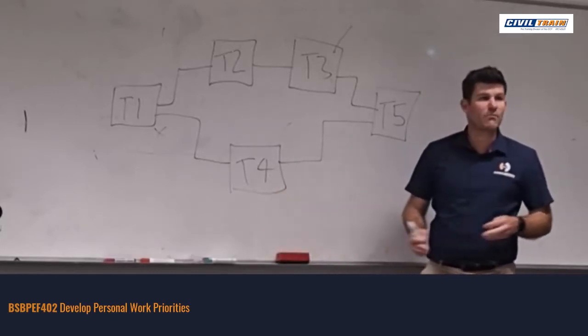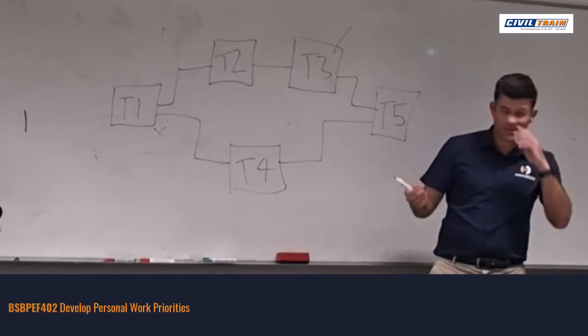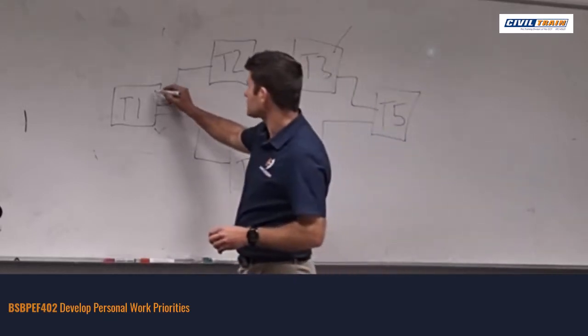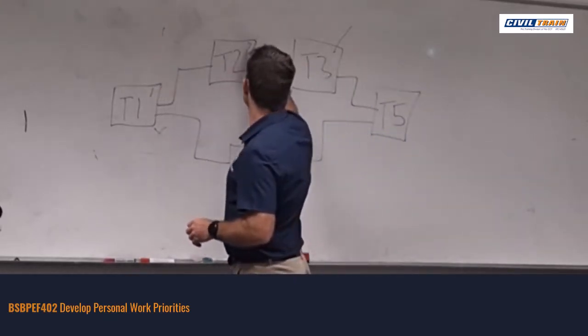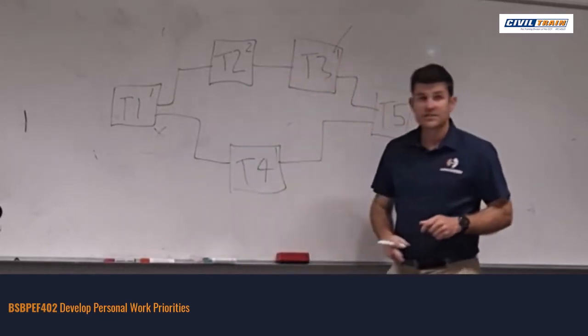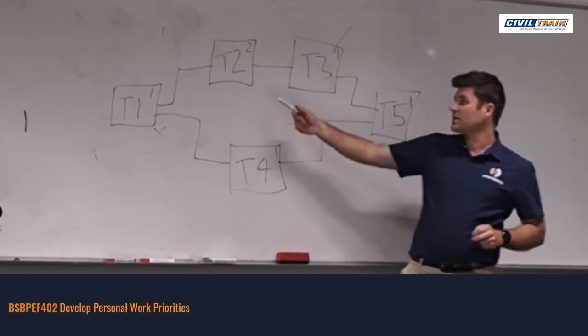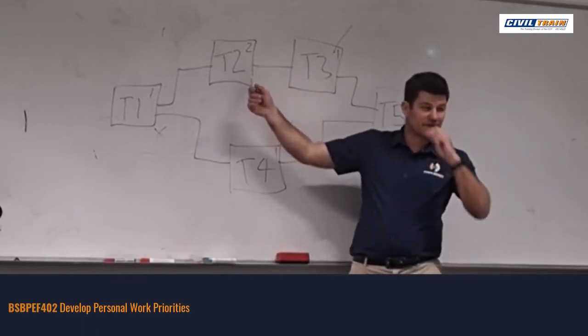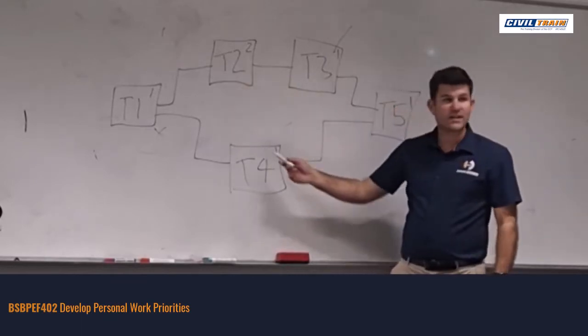At the same time, if I was looking at time frames, say 1 day, 2 days, 1 day, 1 day, and 1 day, and all of a sudden I've got an issue with task 2, something's happening there, this is 1 day.